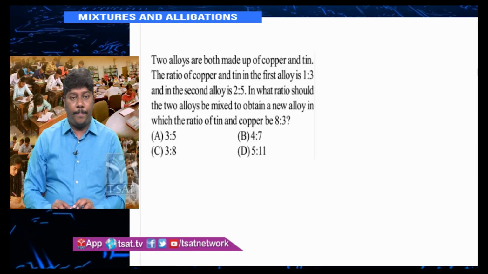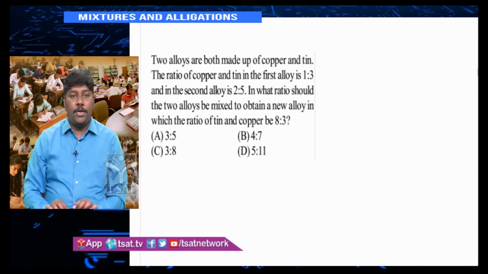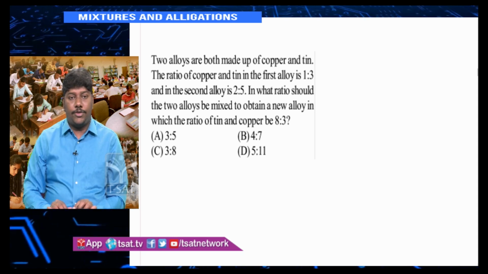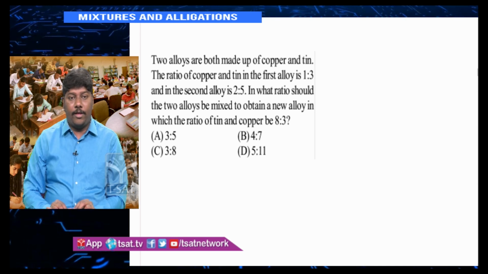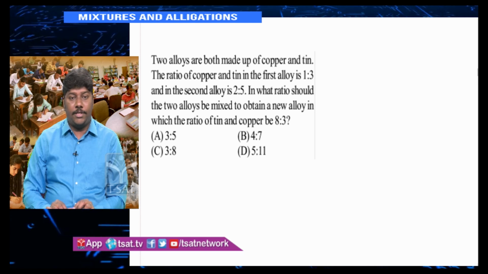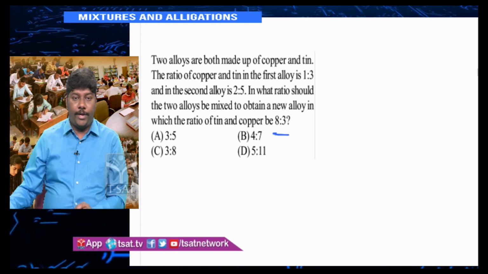Now look at this one, a typical form of mixtures and alligations. Two alloys are both made up of copper and tin. The ratio of copper and tin in the first alloy, alloy 1, is 1:3, and in the second alloy it is 2:5. In what ratio should the two alloys be mixed to obtain a new alloy in which tin and copper are in the ratio 8:3?